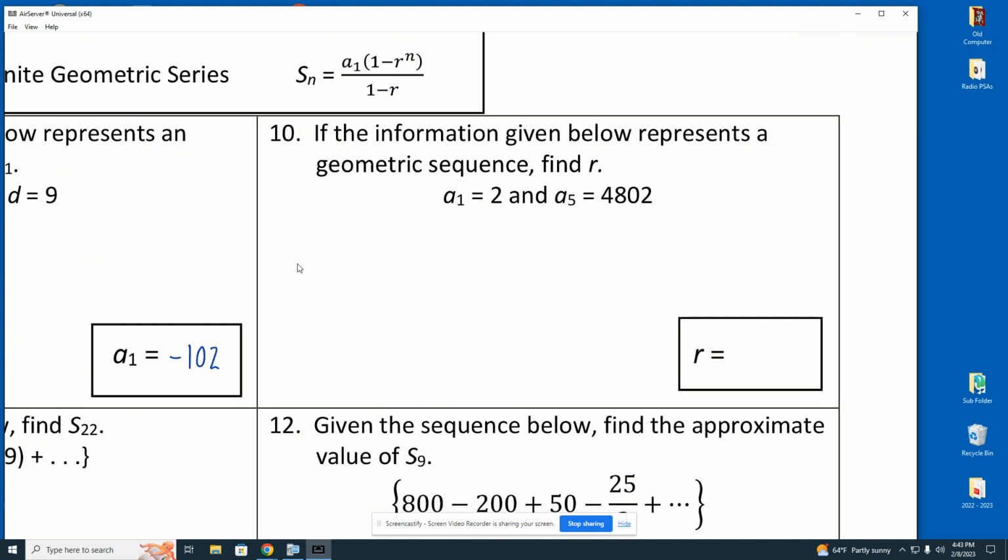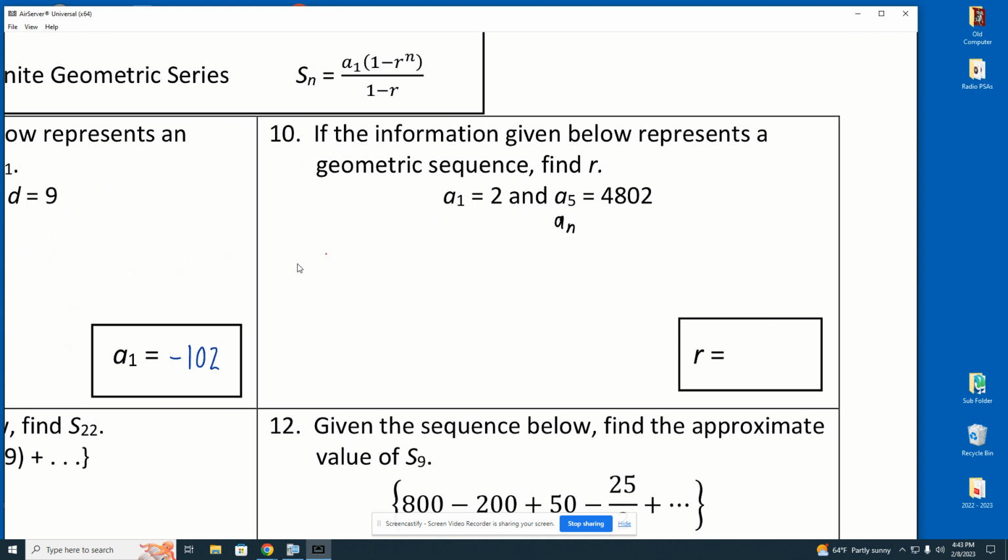Look at number 10. If the information given below represents a geometric sequence, find r. So we know here we're using a geometric sequence. And in a sub n's spot, we're using a sub 5. So therefore, here's my equation.